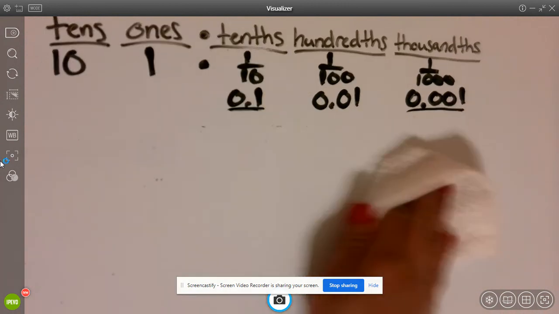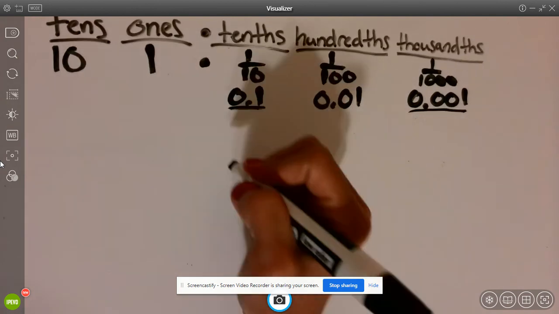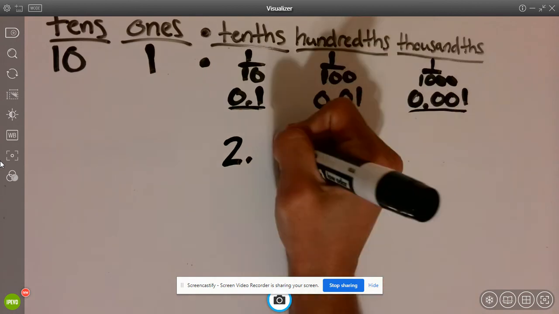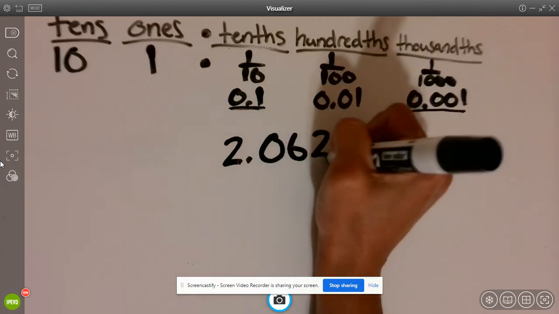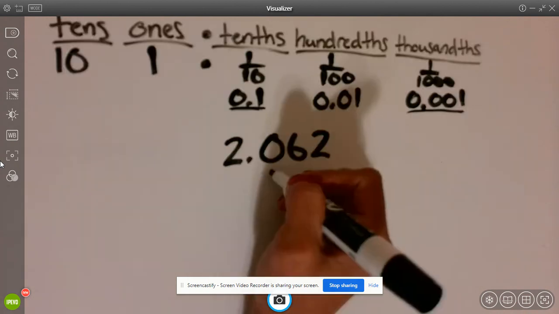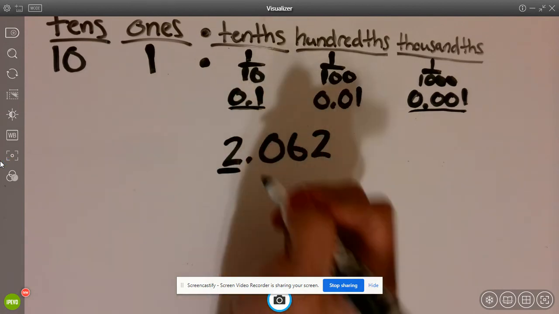Okay, and let's do the number 2 and 62 thousandths. Notice I have a 0 that's in the middle of my number. So again, we start with the left going to the right.